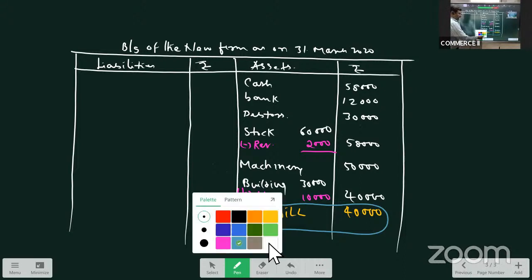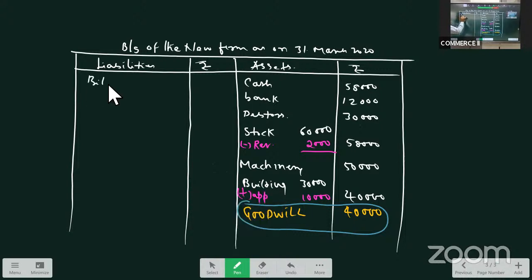Okay. Then let us see the items on the liability side. Bills payable, no change. Bank overdraft, no change. Rent payable, no change. Creditor, 20,000, increased by 3,000. Okay. So we'll start with bills payable. Bills payable is 20,000.